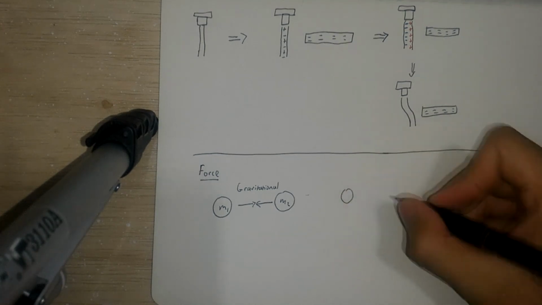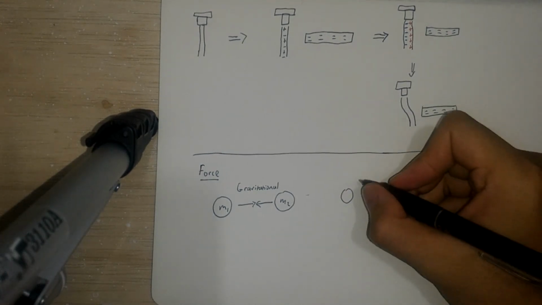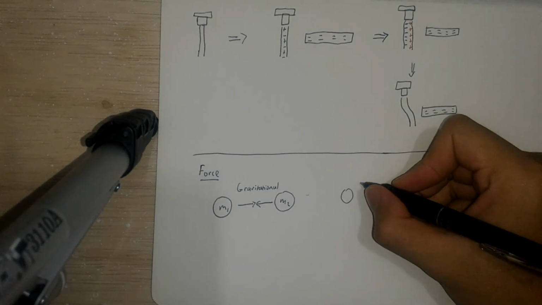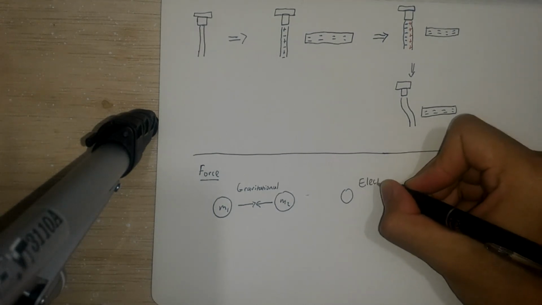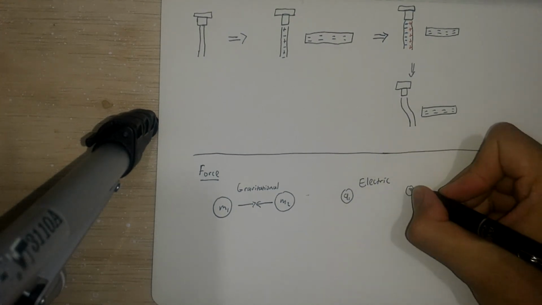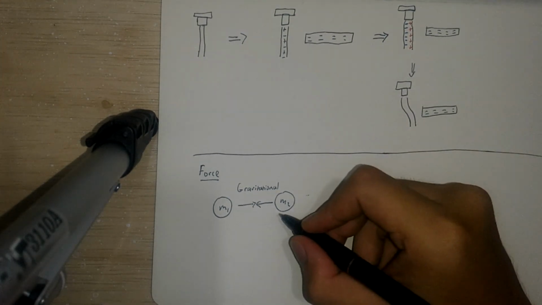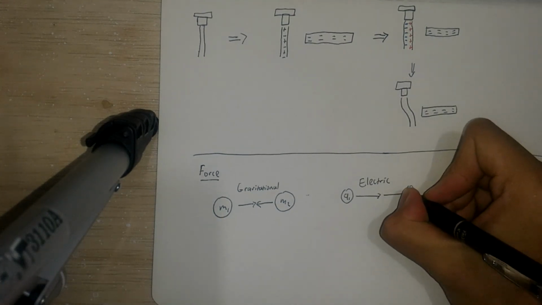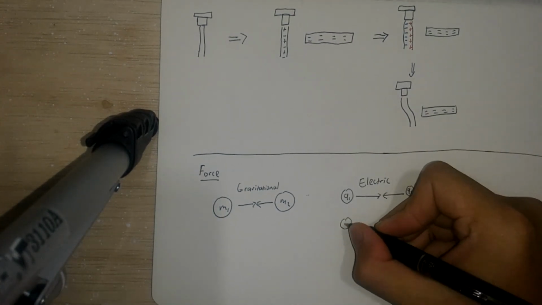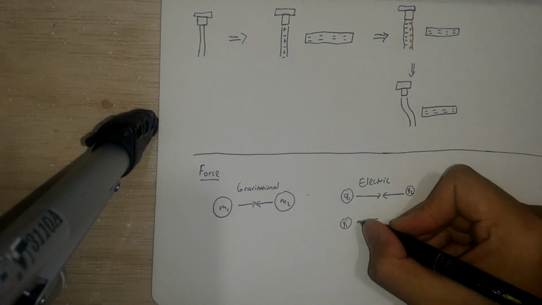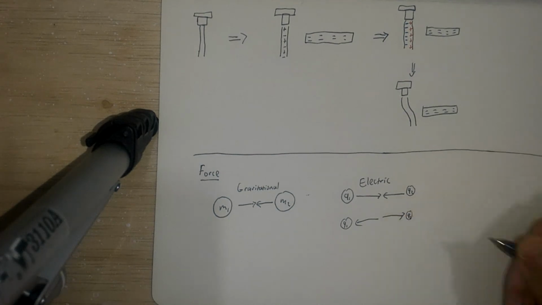But now we're going to talk about charged objects. In charged objects, the force that exists is called electric force, and unlike the gravitational force, it can attract or repel each other.